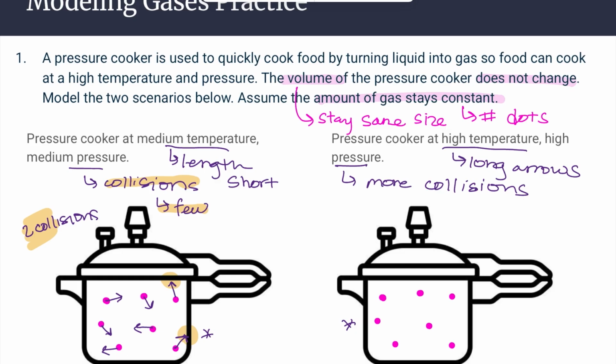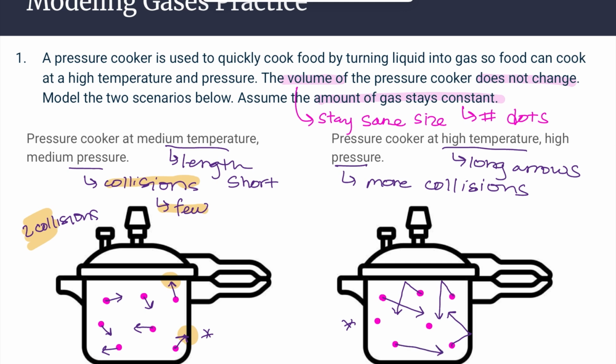So we're comparing both of our pictures to one another. And so with those longer arrows, you're going to see that you are going to have to do more collisions in order for everything to fit. And I show maybe my molecules bouncing off the side of my container in order to have that longer length.